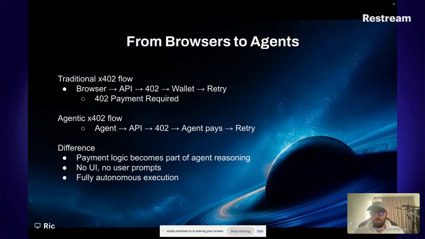So again, from a difference perspective, the payment logic becomes part of the agentic reasoning. The agent does not use user interfaces in the traditional sense, so there's no user that prompts any UI changes like a wallet signature or stuff like this. And the execution is considered to be fully or semi-fully autonomous. It really comes down to the implementation.